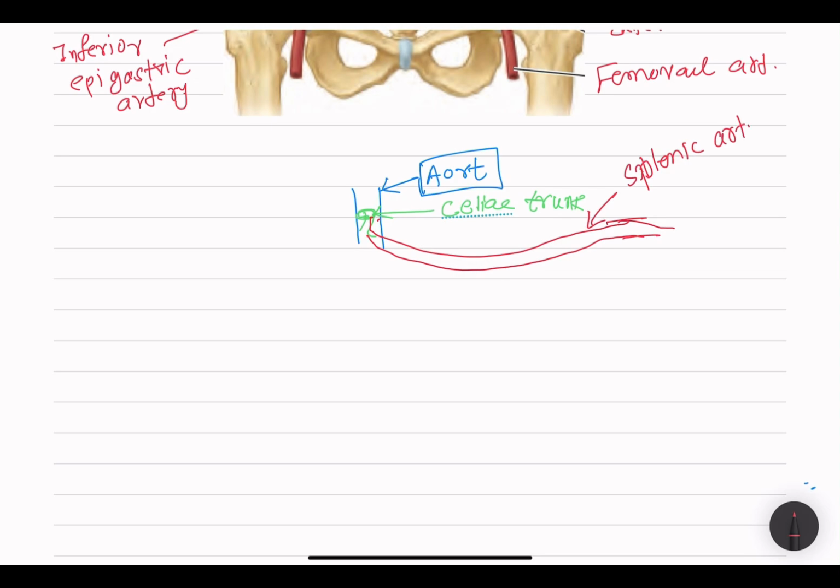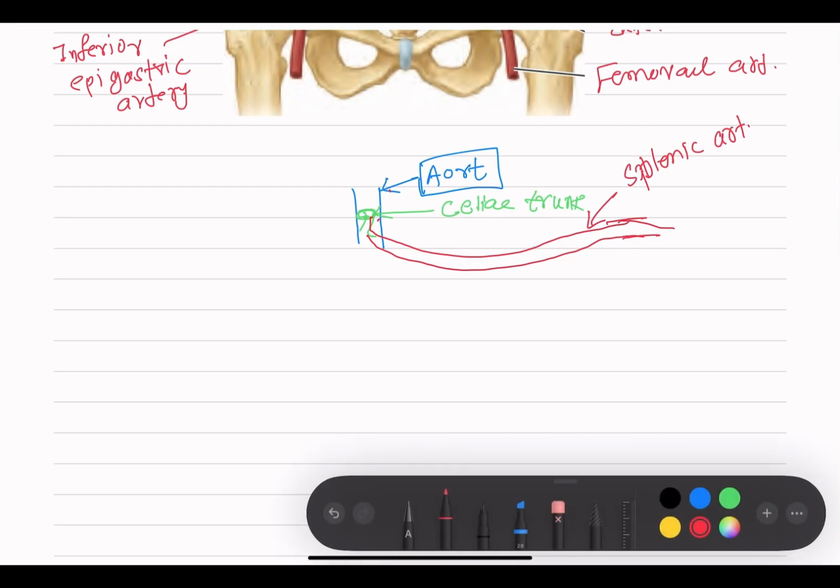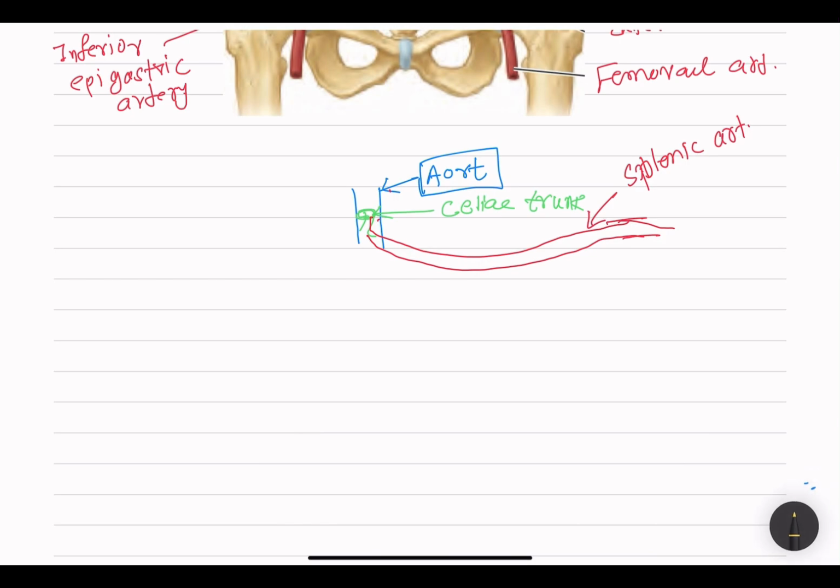The splenic artery comes from the celiac trunk, and the celiac trunk comes from the aorta. From the same celiac trunk, there is another artery coming. This will be our dorsal pancreatic artery.